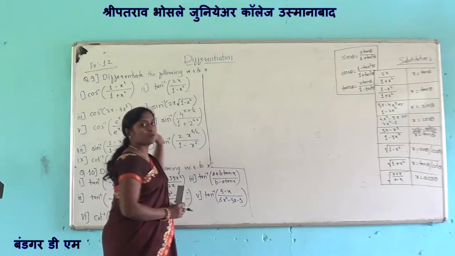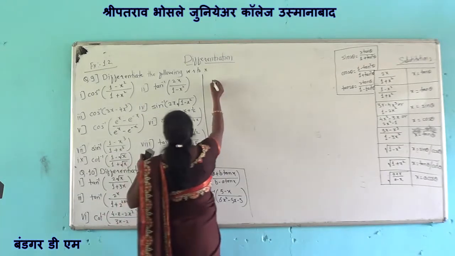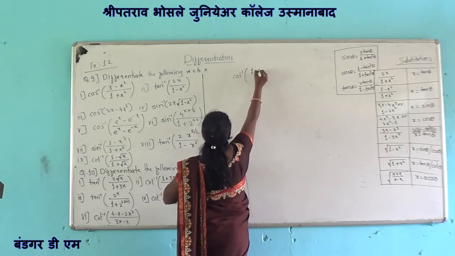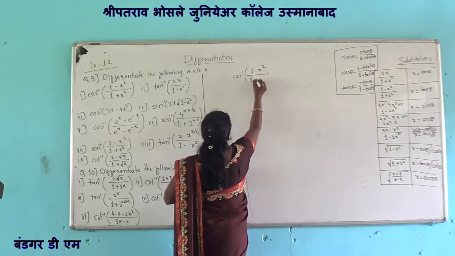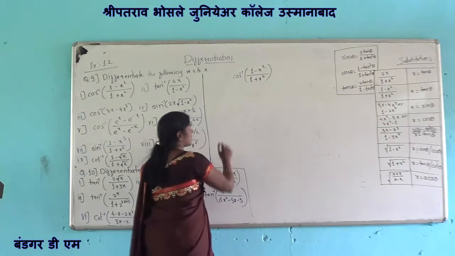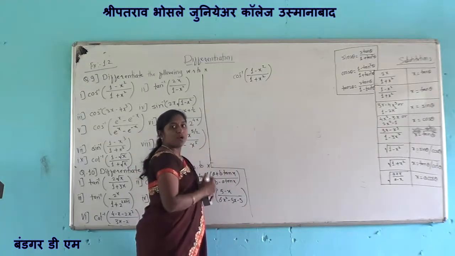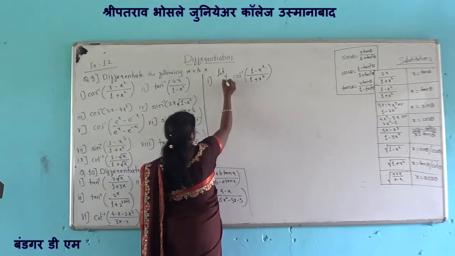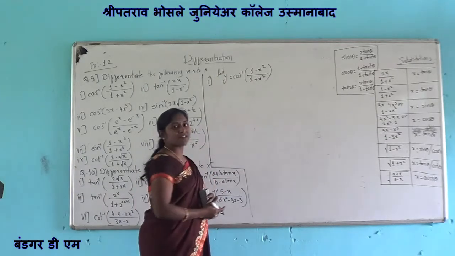So, first example we are going to solve is cos inverse of 1 minus x square upon 1 plus x square. We have to differentiate this function with respect to x. So, let y is equal to the given function.